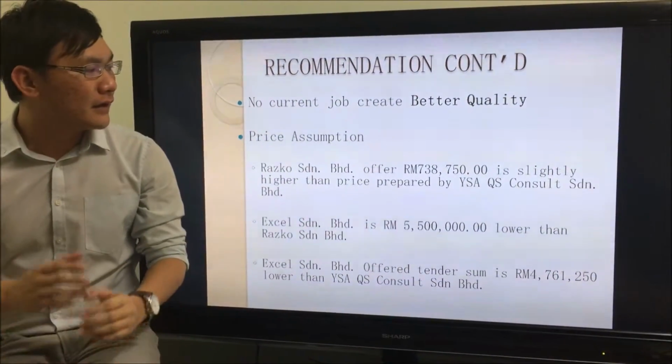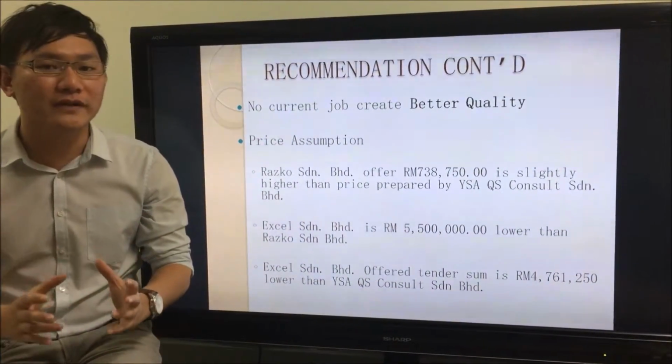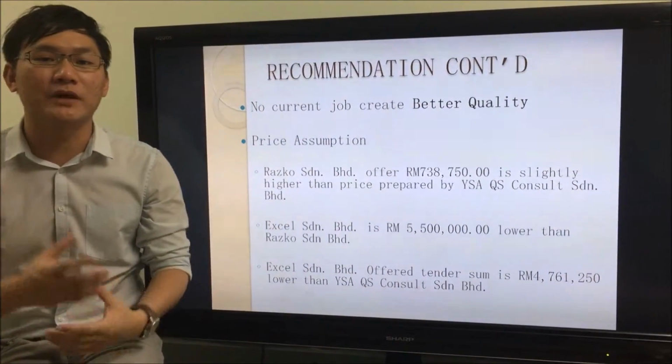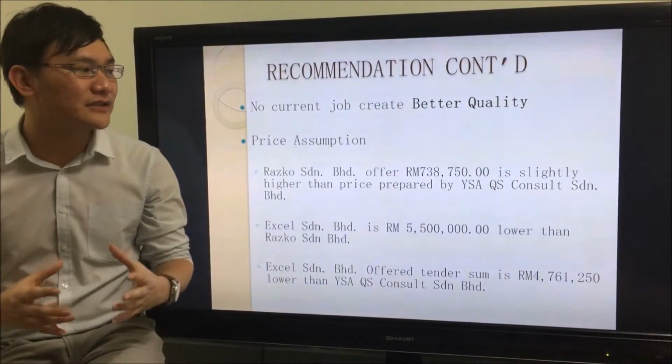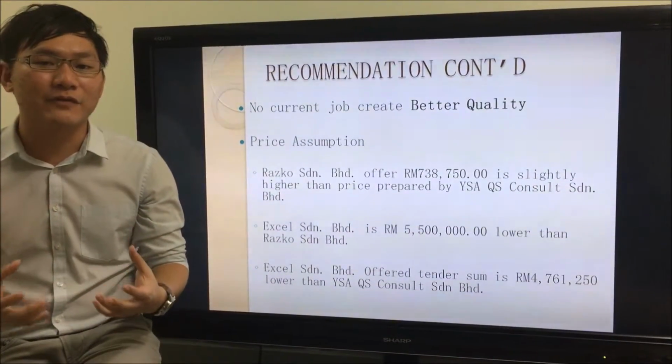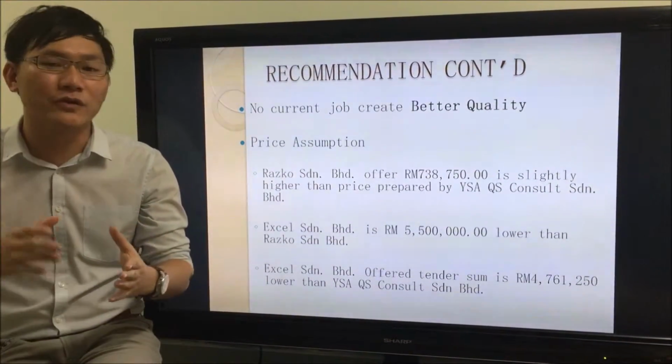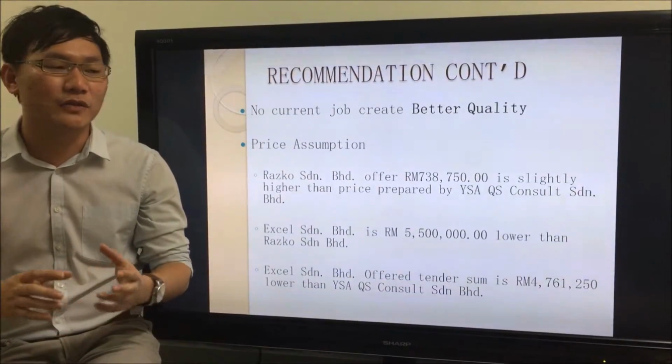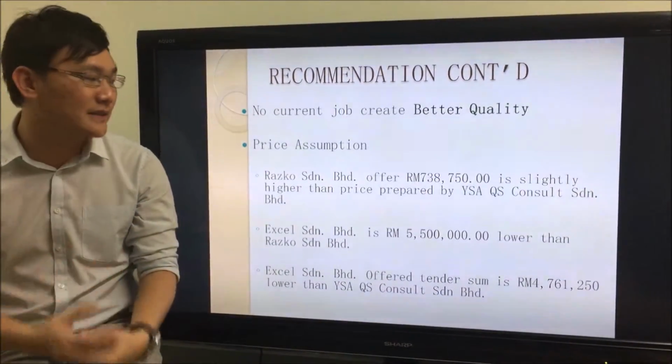Next, Acer Sendirian Berhad has no current jobs, which creates better quality because it has no project in hand. Therefore, it can focus on these apartment projects, so it will create better quality.